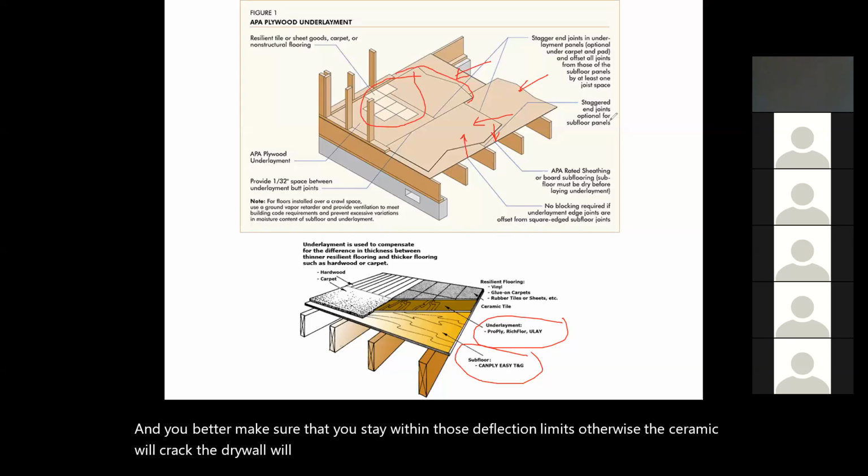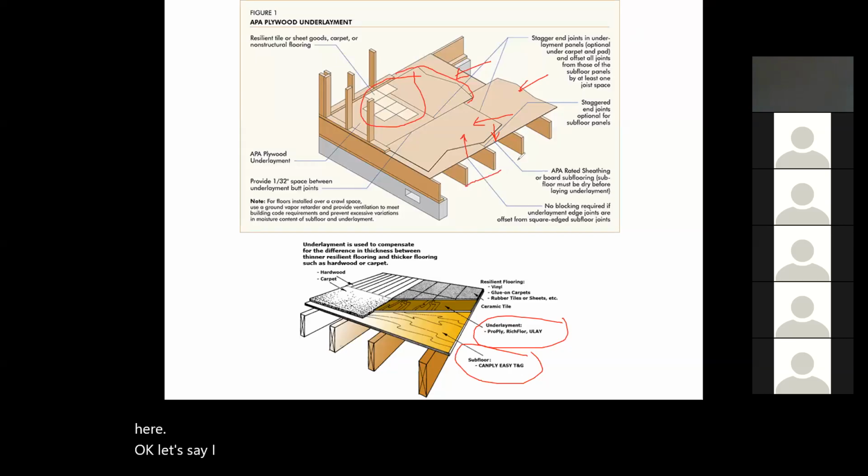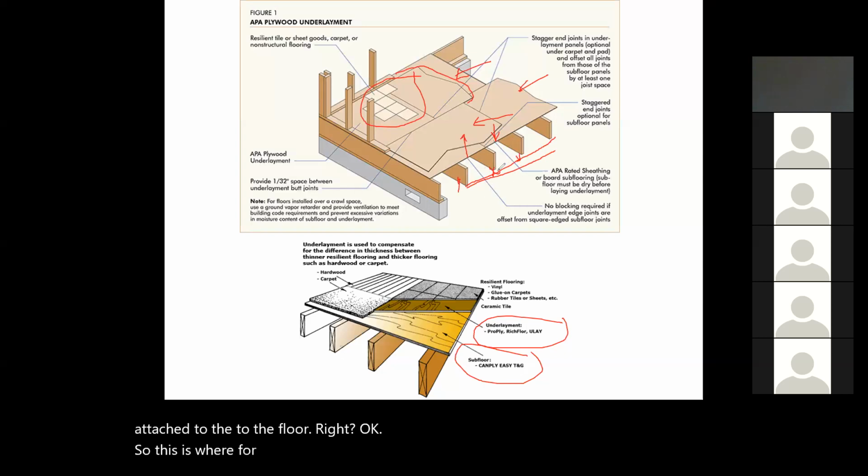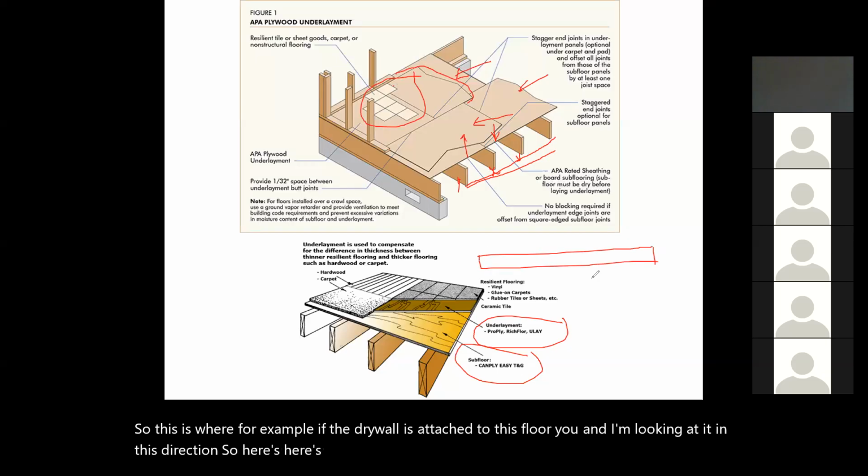See, this is a good example here. Let's say the person decides to put drywall underneath this floor, attached to the floor, right? So if the drywall is attached to this floor, and I'm looking at it in this direction, here's my joist, okay?